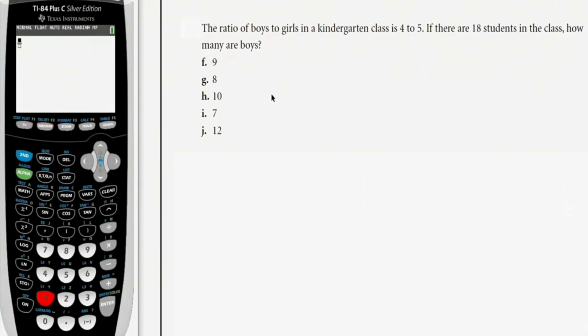This time around, the ratio of girls is 5 over 9. Come here times 18. You will still get 10 as the output. Either way we work, 10. Okay, so it's as simple as this. This is how you can solve this question easily and fast. Hope there's something interesting from this video. Let's go to the video, guys.